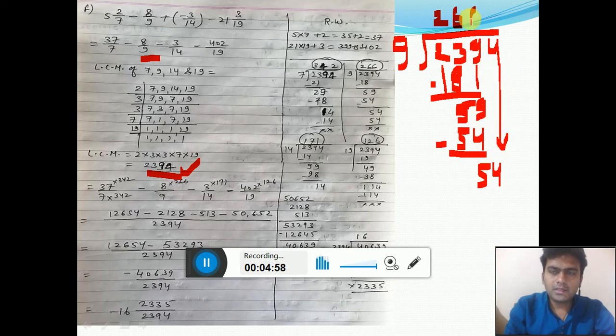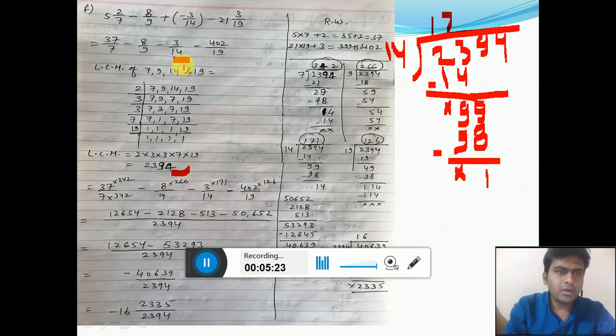Now again 9 sixes are 54. So the number now becomes 266. So multiply 9 into 266, we will get 2394. So we have to multiply its numerator also by 266.